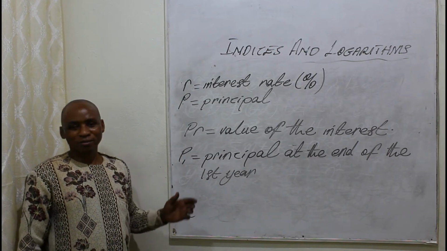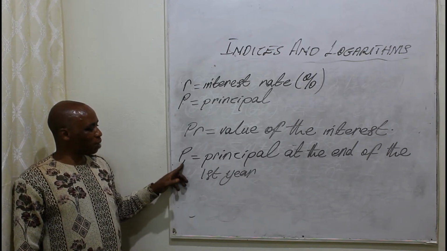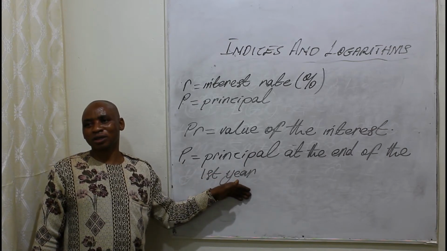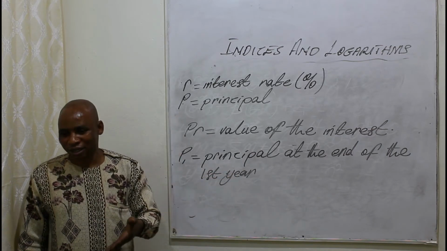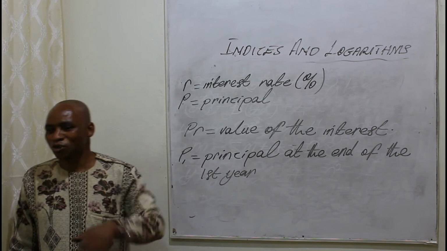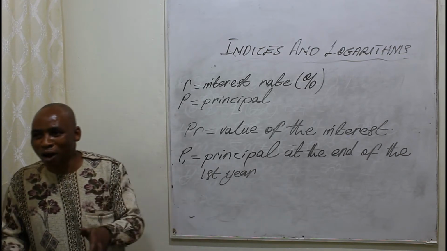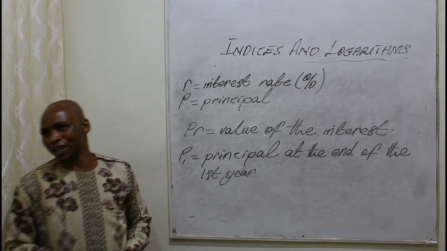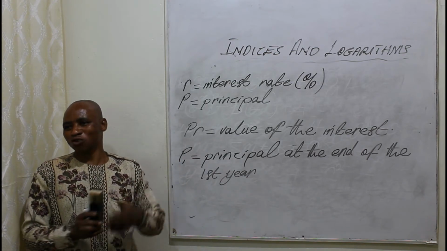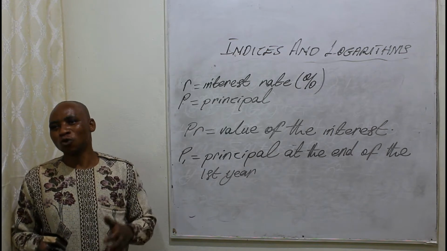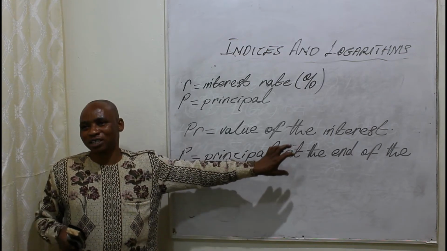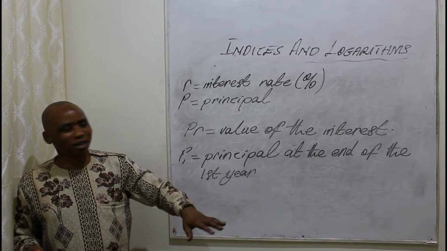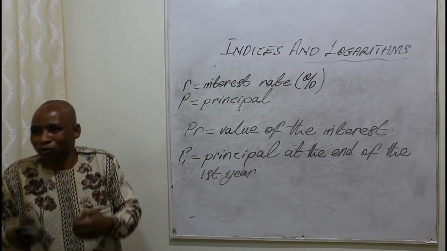Here it is termed as the principal because it is hoped that at the end of the first year, you will not end there. The amount that you will get, you will reinvest it for the second year. But if you just take it at the end of the first year without reinvesting, then it will be your amount.